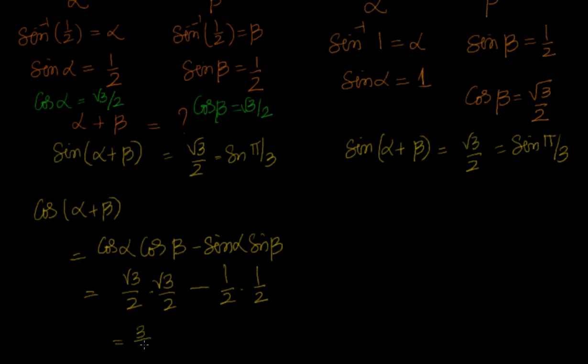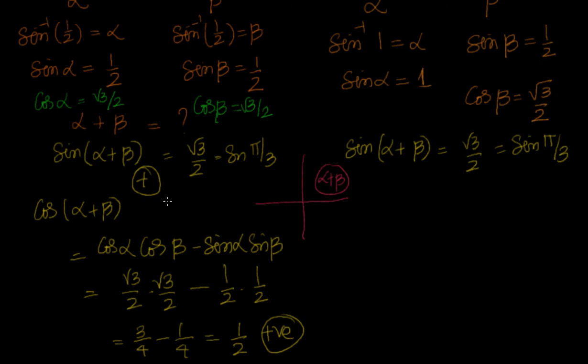This is nothing but 3 by 4 minus 1 by 4, that is nothing but equal to 1 by 2, which is positive. So we have sine alpha plus beta positive and cos alpha plus beta positive. That means alpha plus beta is in the first quadrant in the first case.